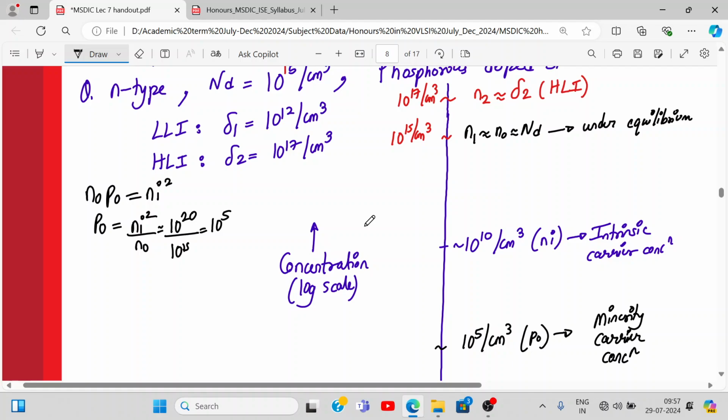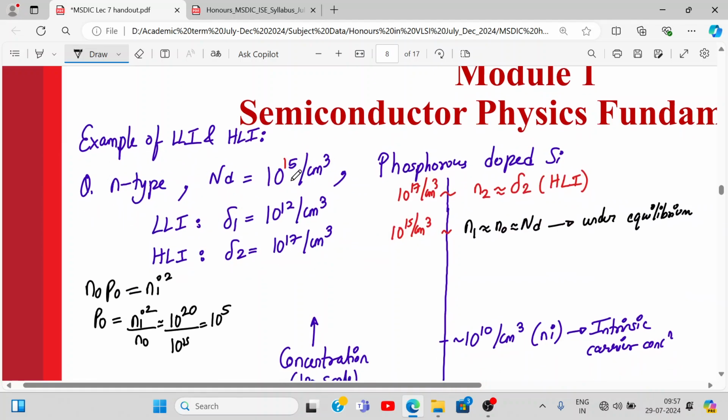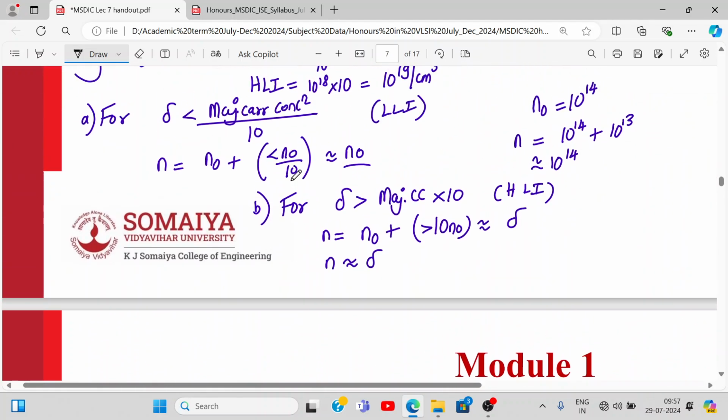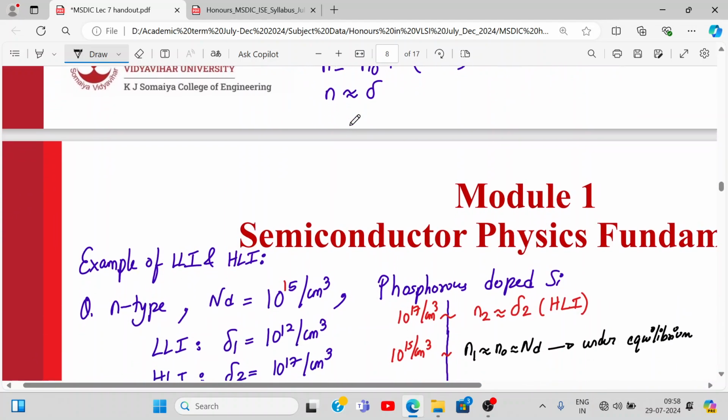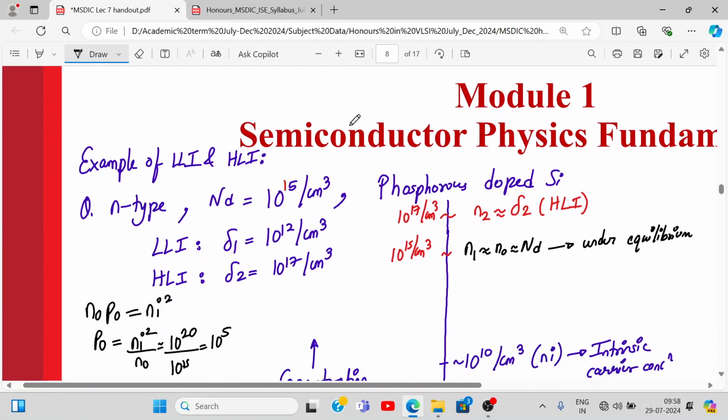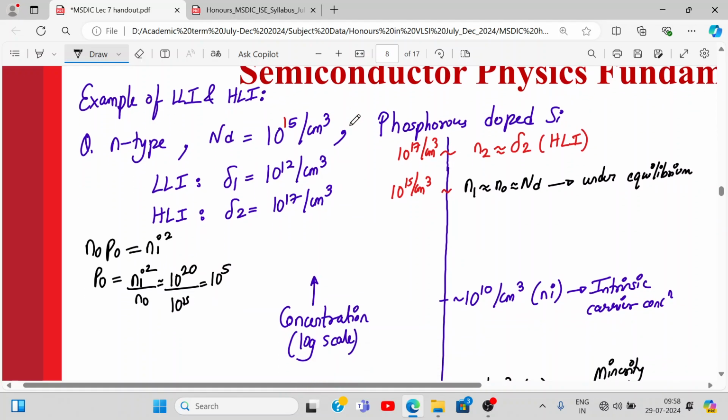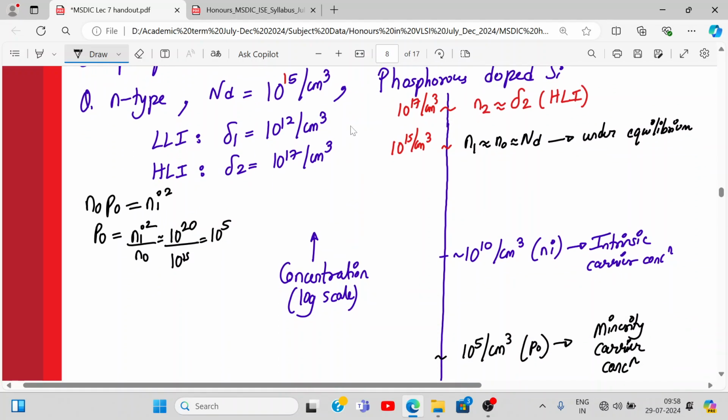For low level injection, where will P1 be? This is high level injection, right? For low level injection, where will P1 be? What will come over here? 10 raised to 12. This is delta N, right?